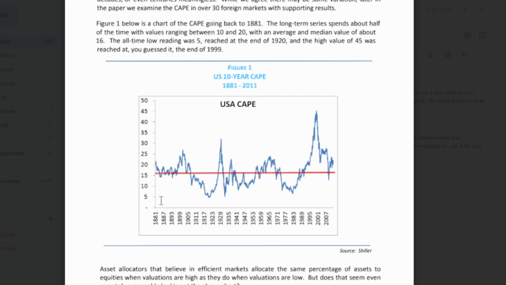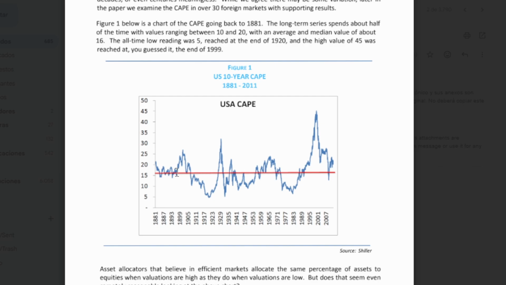We analyze it over 103 years, from 1881 to 2007. Of course, if we plot this up to today, 2026, we'll have something like this. Nowadays, at this point, we are around the 40s.